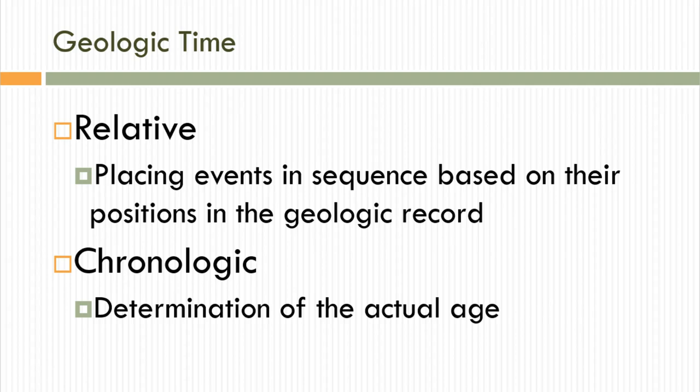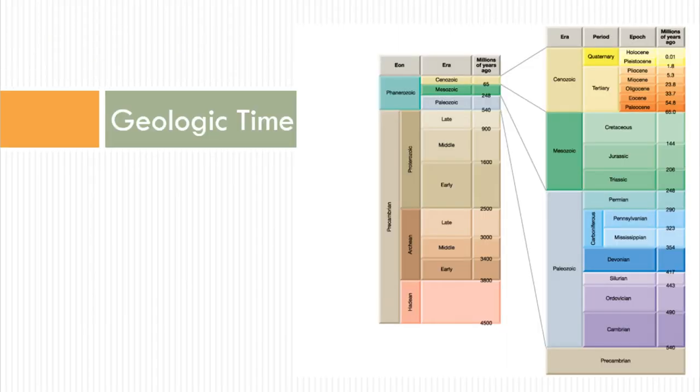Whereas chronologic dating is a determination of the actual age. To come up with our geologic timescale, we do both of those things, and we rely heavily on both relative and absolute. Chronologic is also sometimes called absolute.